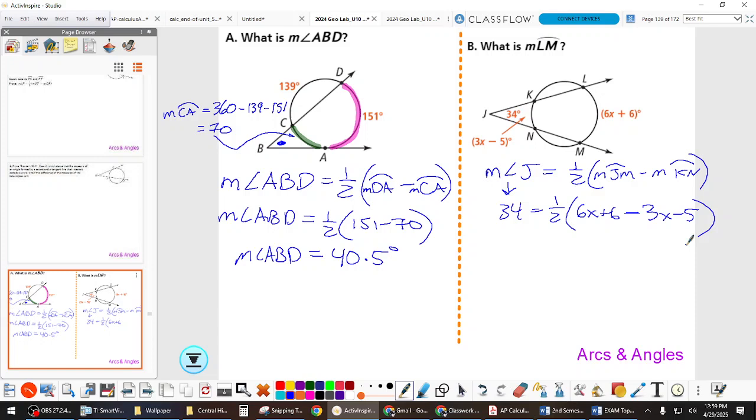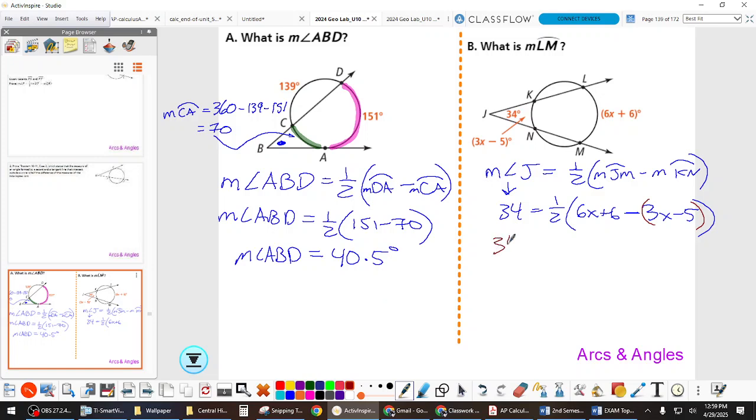So let me ask you, what's being subtracted? Well, 3x minus 5 can subtract, plus 6. So that actually does make a difference. Be careful. We're subtracting that whole second expression, not just the 3x. If you don't put parentheses, you only end up subtracting the 3x.